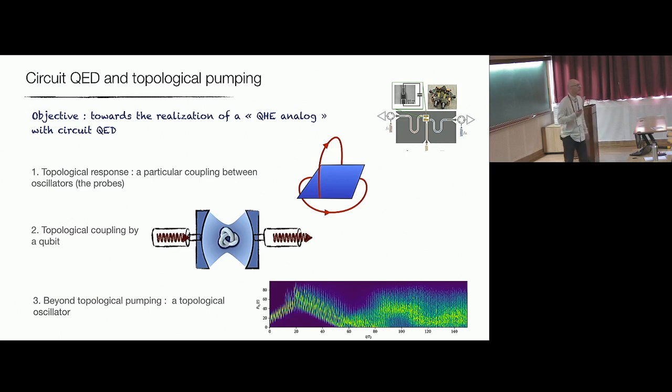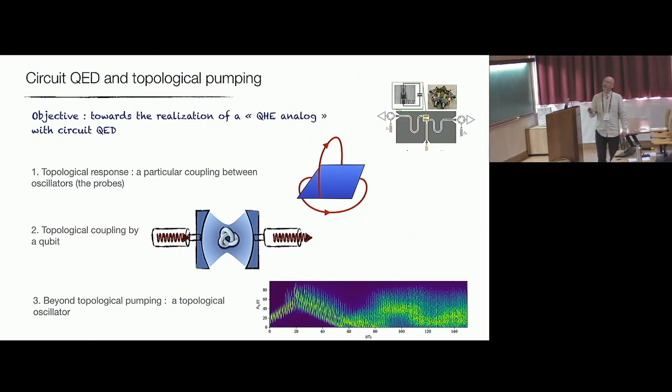And to do so, I will revisit the transport properties of the simplest canonical topological phase, which is the quantum Hall effect. And I will show that we can consider the response of this phase as a particular coupling between the electrical probes that you use, which is a particular coupling between different harmonic oscillators.